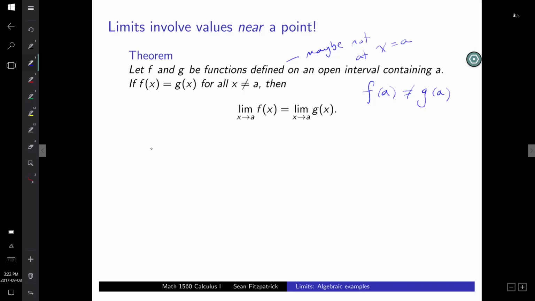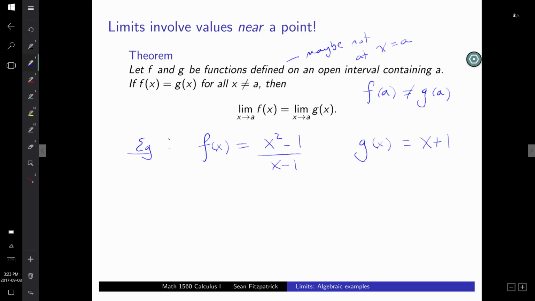So to give you an example of this, if I considered the function f of x equals x squared minus 1 over x minus 1, and the function g of x equals x plus 1.